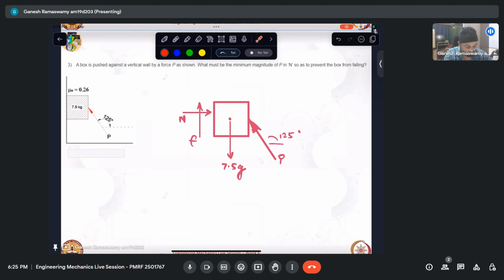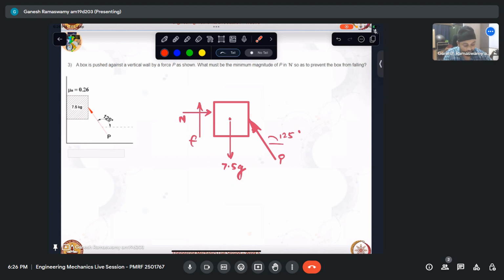So in order for us to find the minimum P, we naturally need to take this to its peak and then calculate the force required to prevent it from falling, such that even if P reduces by a bit, this has already reached its peak and there is no other force to counter it, in which case weight will take over and pull it downward.